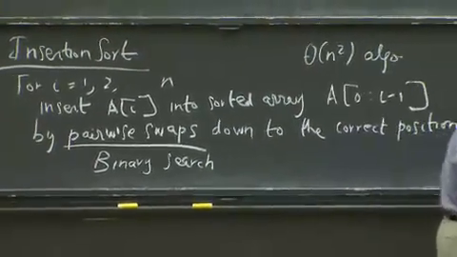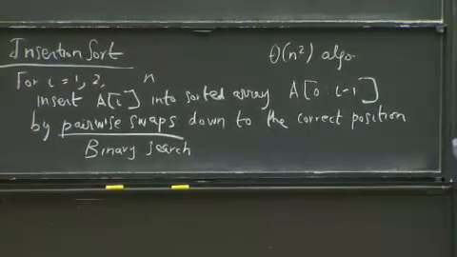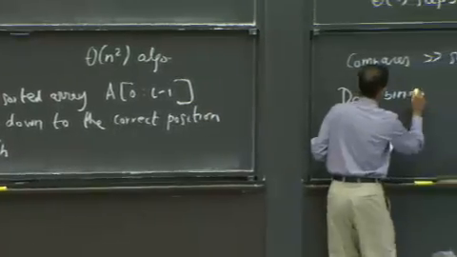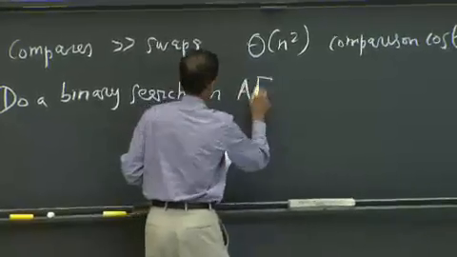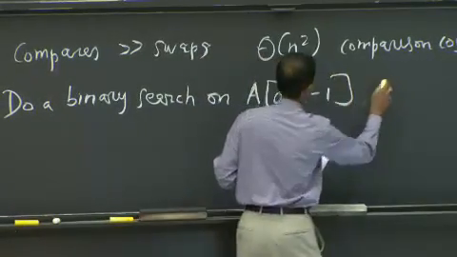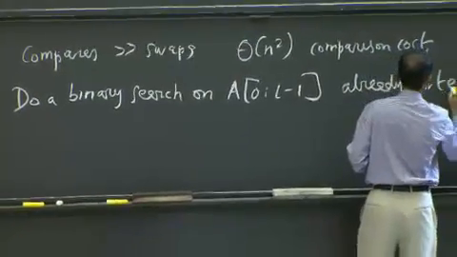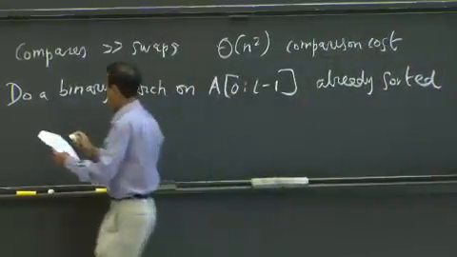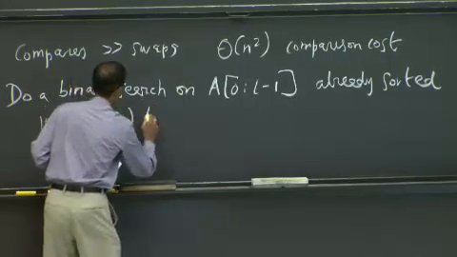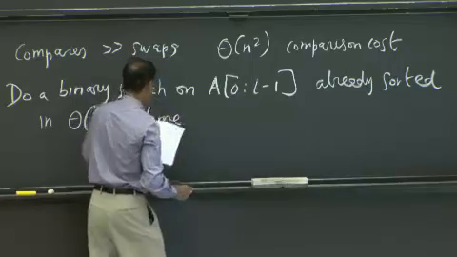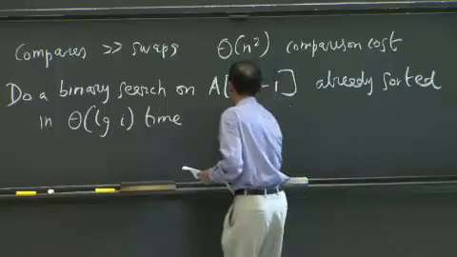And so you can do binary search on that part of the array. Let me just write that down. Do a binary search on a of 0 through i minus 1, which is already sorted. And essentially, you can think of it as theta log i time, and for each of those steps, and so then you get your theta n log n.